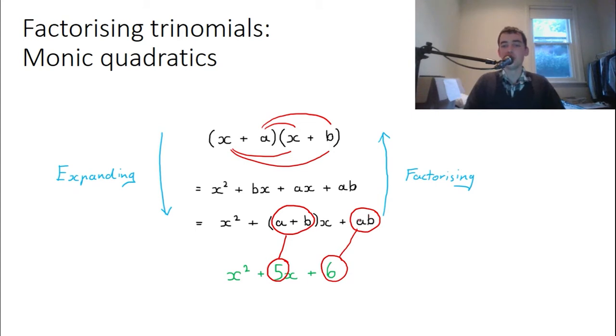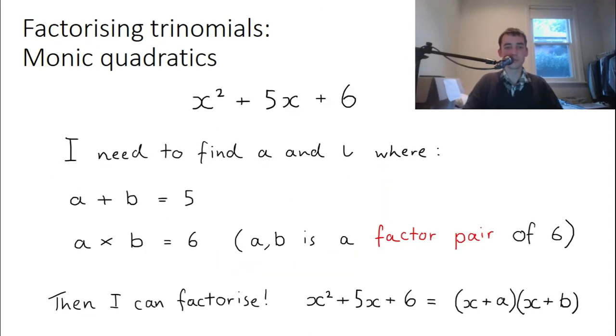So what this is telling us is if we can find a plus b that equals 5, and if that same a and b, you times them together and it equals 6, then I can write this factorized version up here. If you didn't understand any of that, that is okay.